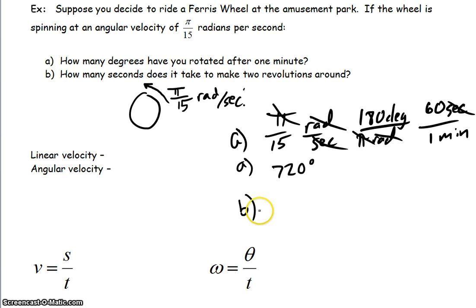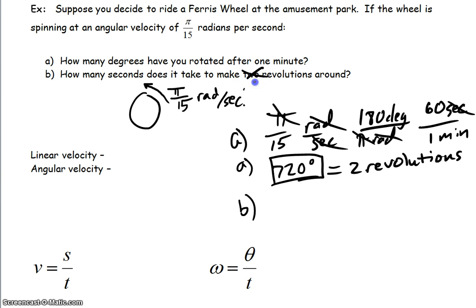How many seconds does it take to make 2 revolutions? Oddly enough, we already determined that, based on the fact that 720 is equal to 2 revolutions. But let's change this to 10.5 revolutions.